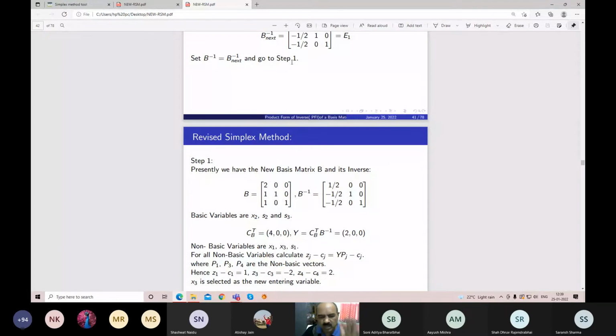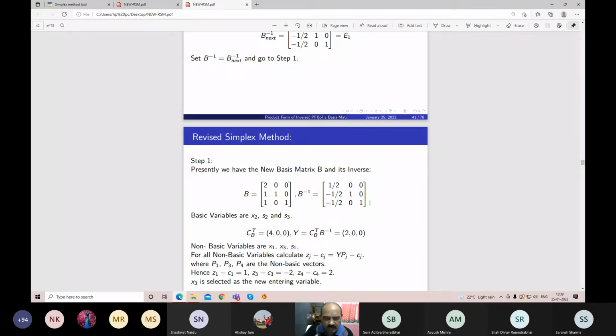We have not reached the optimal solution because there were 3 negative elements. So we will check whether negative elements are there or not. Presently this is your B and B inverse. These are known.